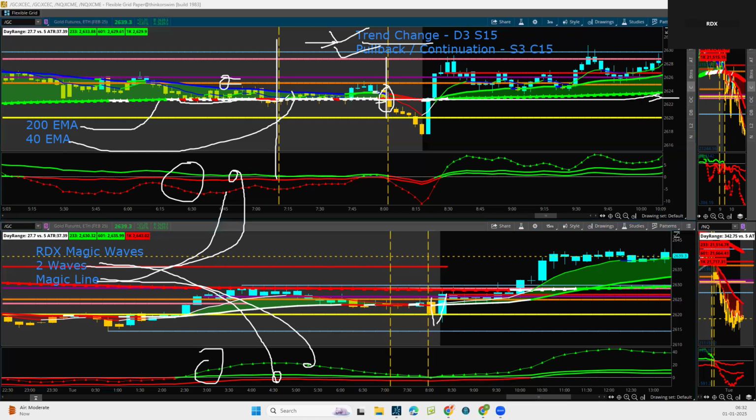Whenever I see price gravitating towards the 200 EMA, I'm interested in looking at opportunities. Now, if you notice, there's a stark difference between when I drew this line here and when I eventually took the trade.